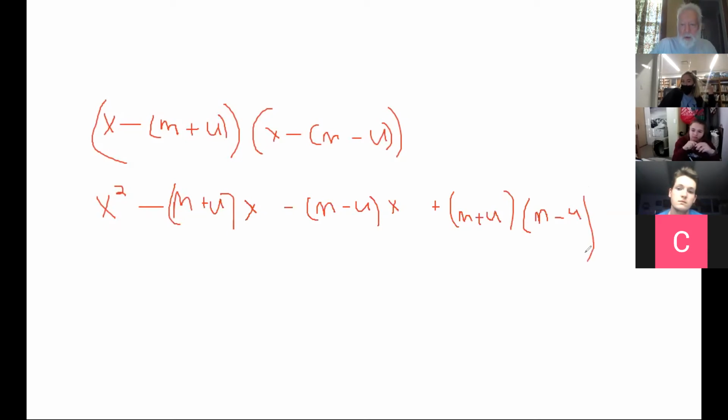Okay. The way to think about this is that this is a length, this is a width, and this is length times width.